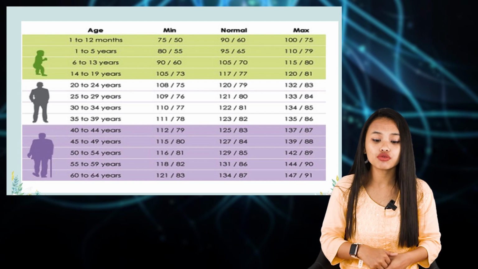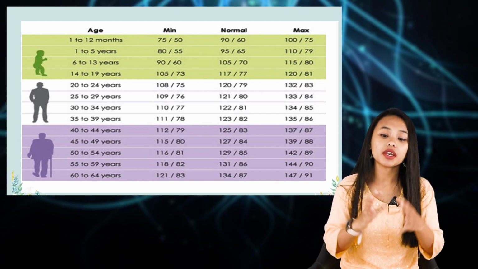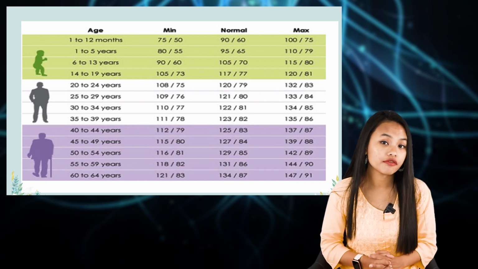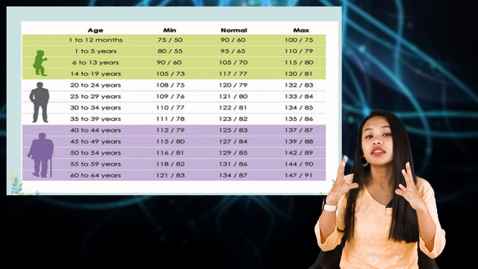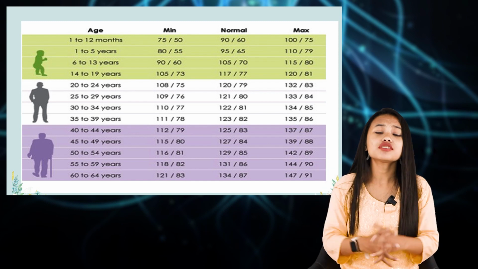And for the last age group, that is between 60 to 64 years of age, their minimum can be 121 by 83, their normal can be 134 by 87, whereas their maximum can be 147 by 91, and so on and so forth.